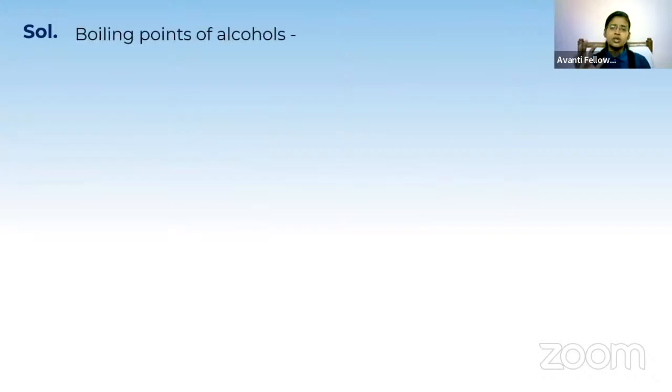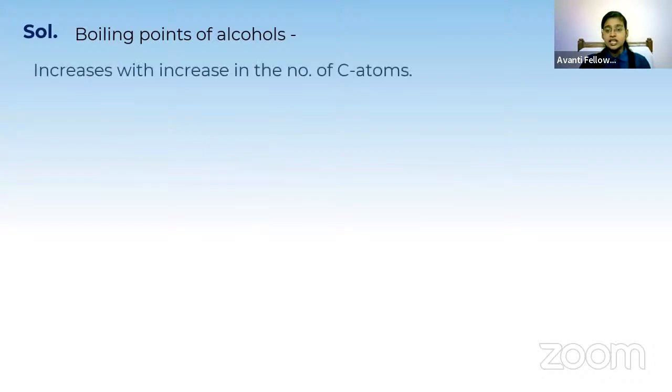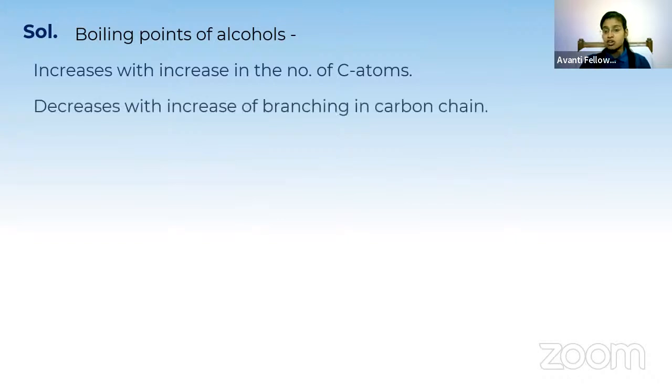We know that the boiling point increases with increase in the number of carbon atoms. And if the carbon atoms remain the same for 2 compounds, then the boiling point decreases with the increase of branching. So these are the 2 relations we know. Using these two relations, we can get the correct order.